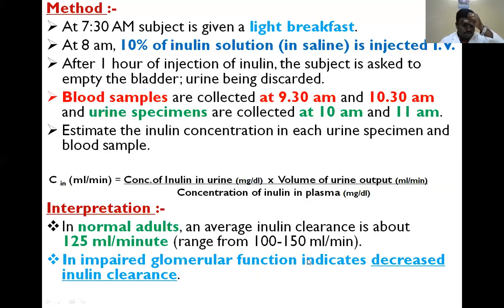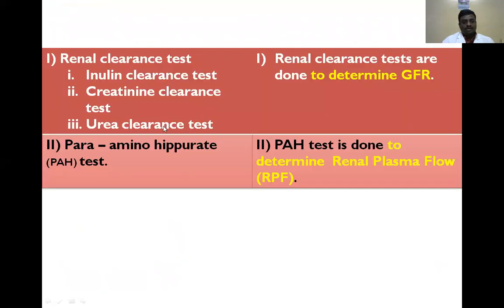If there is any glomerular functional problem, there is a chance this 125 ml per minute is reduced. So that is about the clearance test. With this clearance test, we determine the glomerular filtration rate.